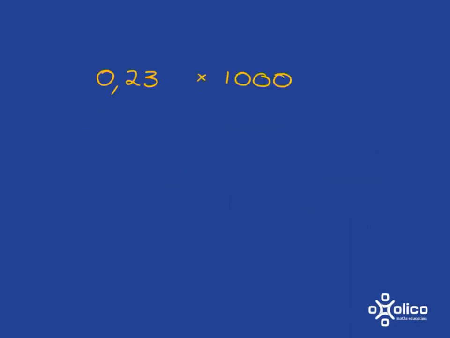So if we want to do something like 0,23 multiplied by 1,000, we've got to move the place value over 1, 2, 3, and so we're going to move the comma 1, 2, 3, right, and put a 0 in there, and so we get 230 as our answer.